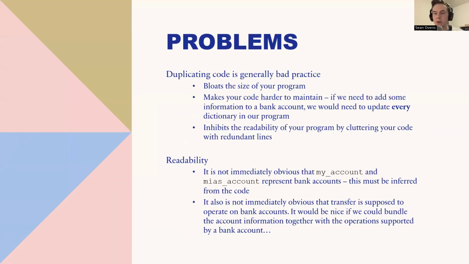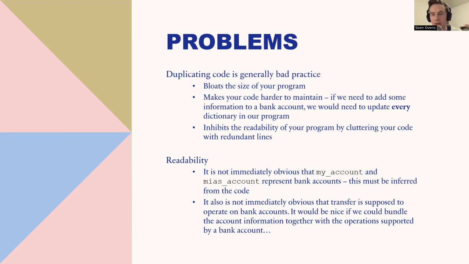So there are still a few problems with this approach of using dictionaries to represent bank accounts. The first problem is that it's usually a bad idea to duplicate large blocks of code like we do here.